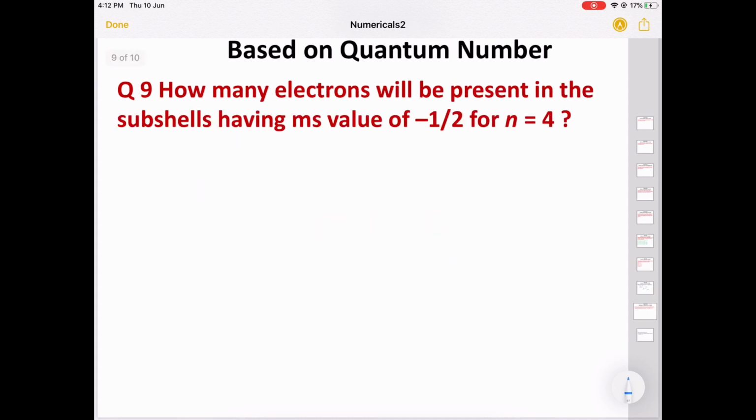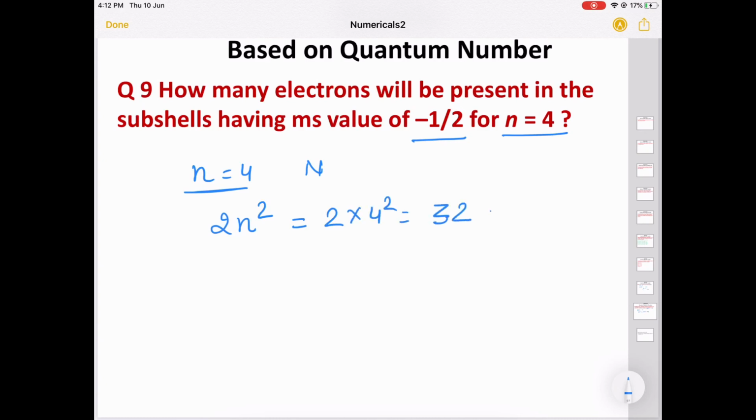How many electrons will be present in the subshell having ms value of -1/2 for n is equal to 4? So again question for shell number 4, that is N shell. So the maximum electrons for this shell is 2n square, that is equal to 2 into 4 square, that is 32 electrons.